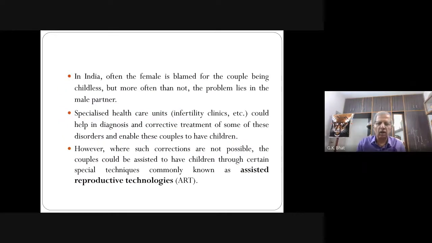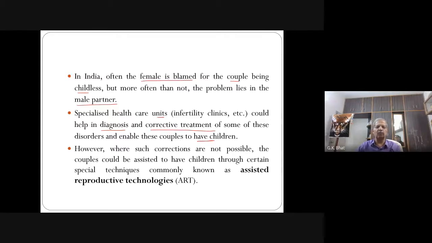In India, often the female is blamed for the couple being childless. But more often than not, the problem lies in the male partner also. Specialized healthcare units, what are called infertility clinics, could help in diagnosis and corrective treatment of some of these disorders and enable these couples to have children.